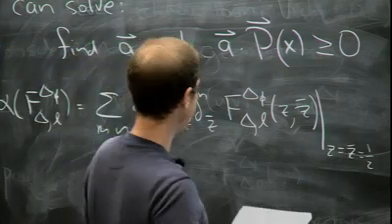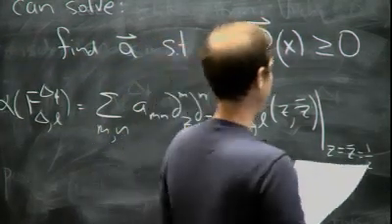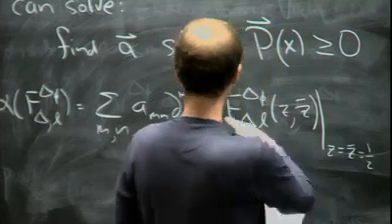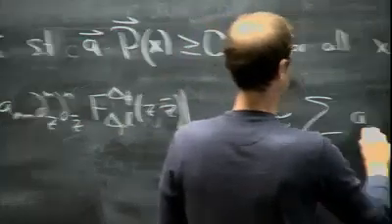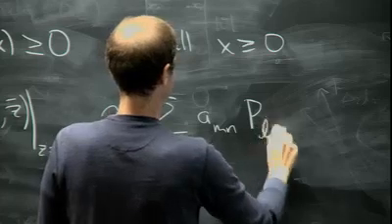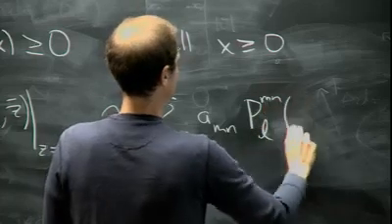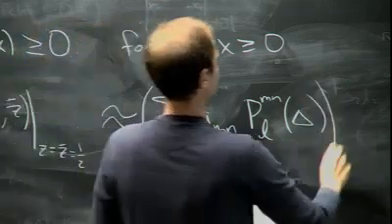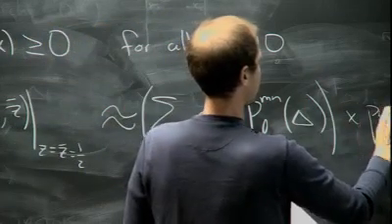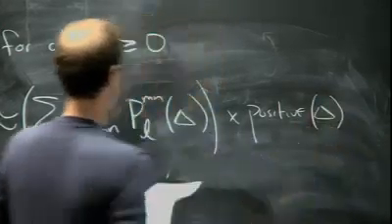So we can use semi-definite programming if we can write this thing, or approximate this thing, as a sum of a_mn times polynomials in delta times some positive function of delta.